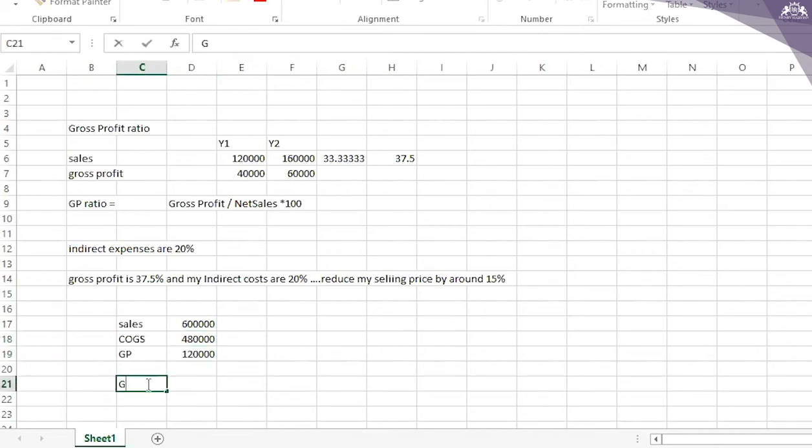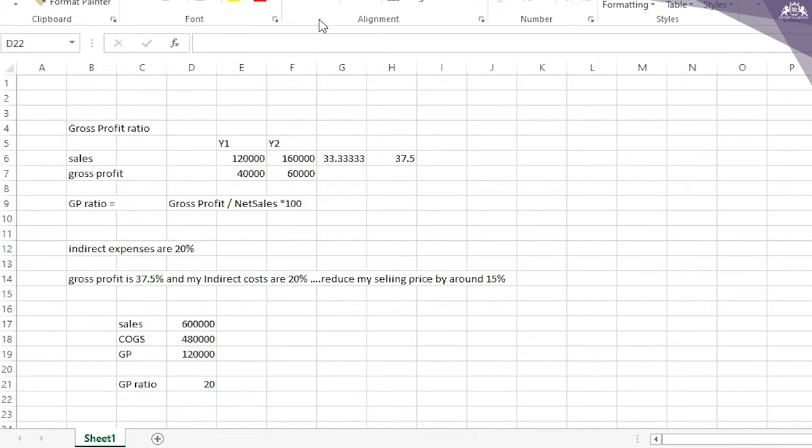So gross profit ratio would be 1,20,000 divided by 6 lakhs as a percentage, 20%. Vishal, is it clear now? Good.